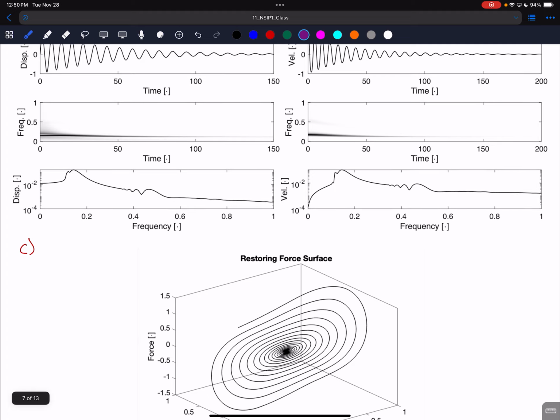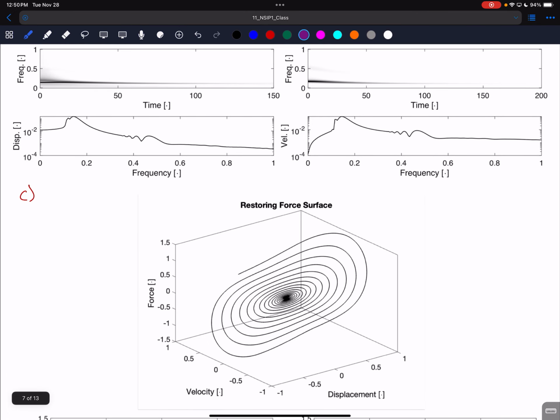Moving on, here is our restoring force surface, which you can now see has started to bend a little bit compared to the linear case, which was just a flat surface. Here we now have some bending in it. It's a little hard to see when it's just static like this, but when you plot these in MATLAB, you can rotate around and you'll get an idea for what the surface actually looks like.